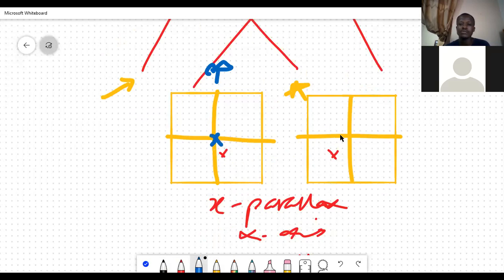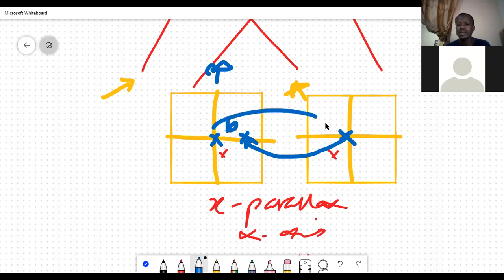So if I look for this point here, then I can now measure the distance between this and that. I'll be having B. And I can do the same thing over here. I look for this point here. When I move forward, obviously this point is going to move backwards. So let's also remember that.